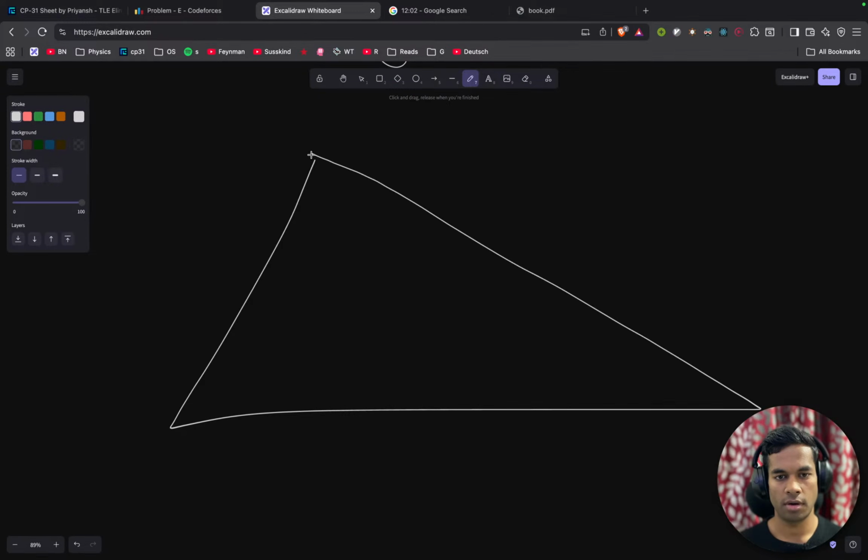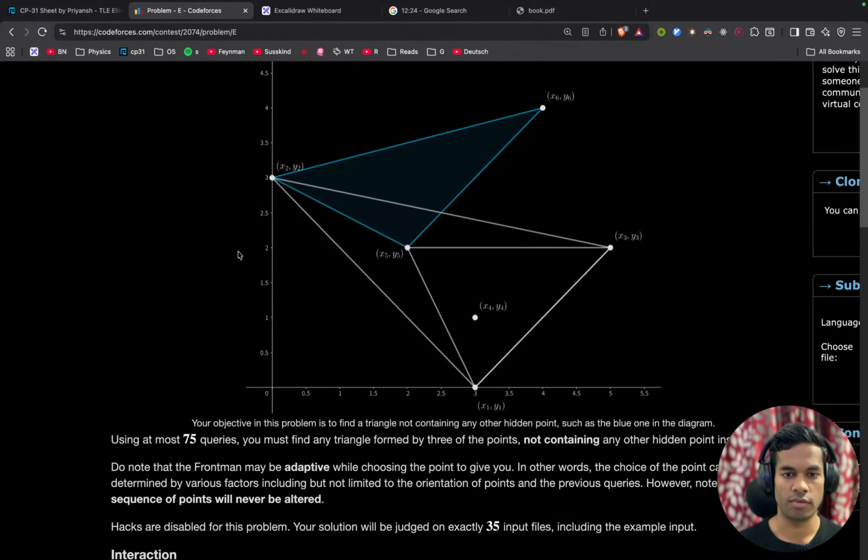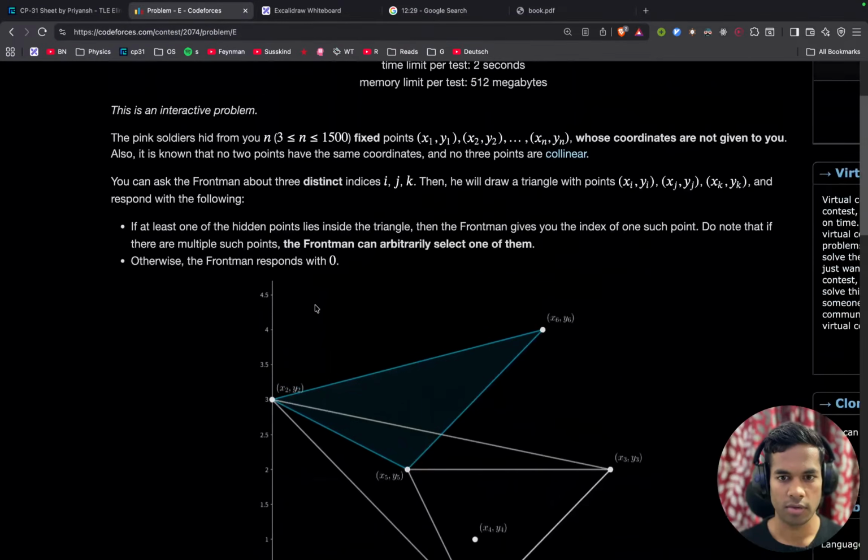If we have a triangle like this, if we just have points like this all over, next would be this, next would be this, and using 75 choices we won't be able to go through enough things. 15,000, 15,000, and minimum 3.